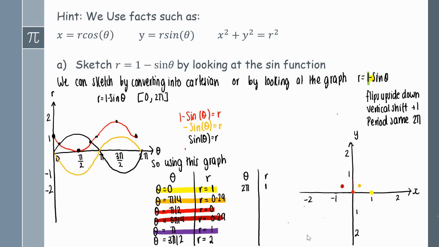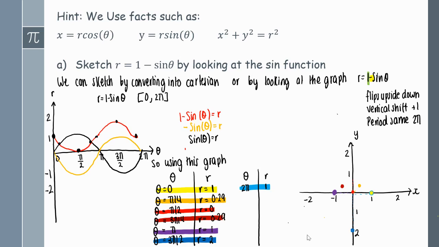So I'm going 1 unit along in the negative x direction. When my angle is 3 pi on 2, I'll be in the negative y direction, and my distance in that direction is 2. So I go 2 units down along the y-axis, and I'll be at negative 2. And then notice when I get back to 2 pi, again, I'm going to be along the positive x-axis, and I'm going to end up where I started with r being 1.